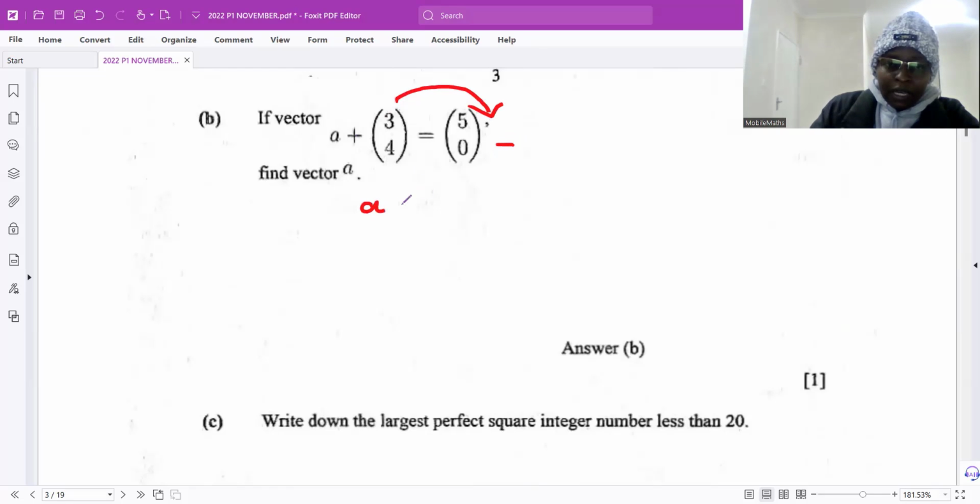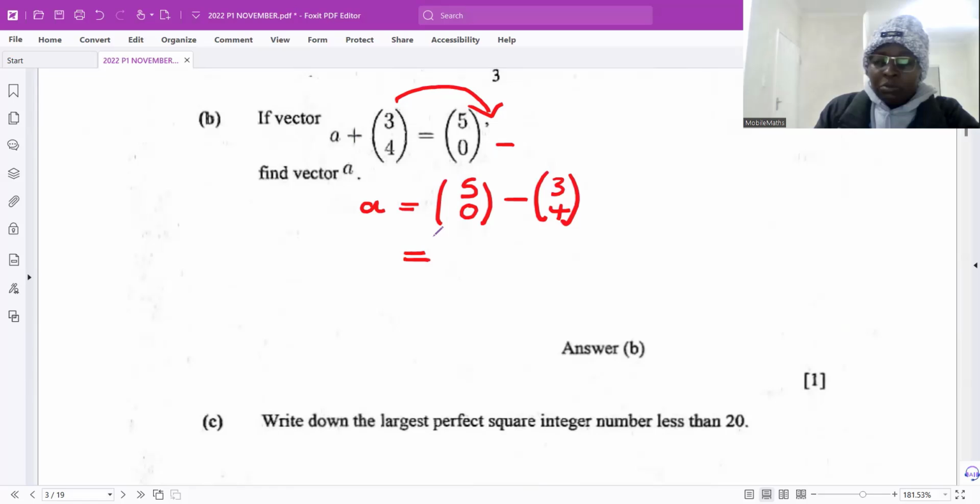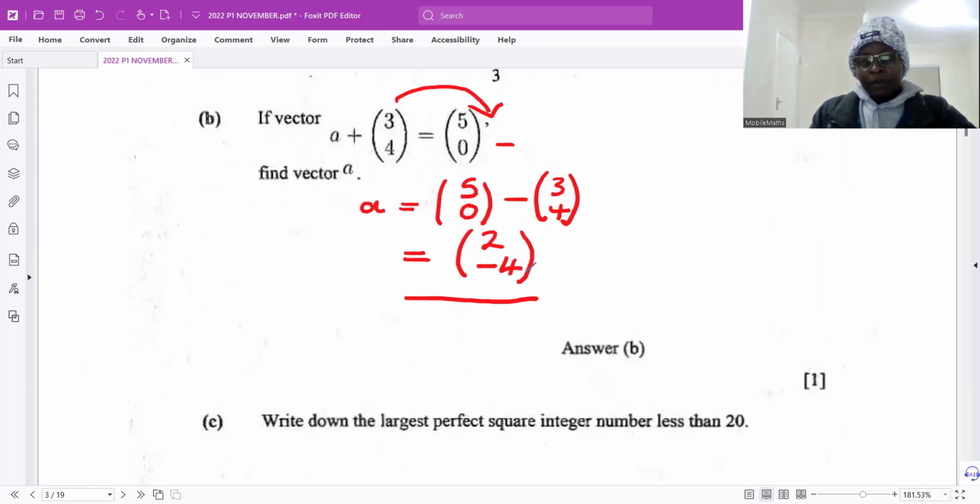So a becomes (5,0) minus (3,4). We subtract corresponding elements. 5 minus 3 is 2, and 0 minus 4 is minus 4. So a is (2,-4) as our answer.